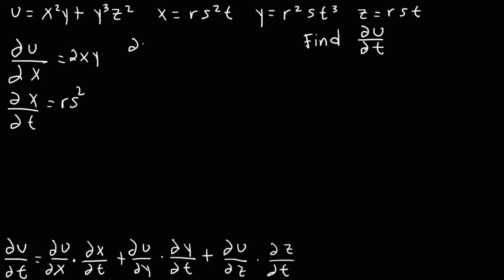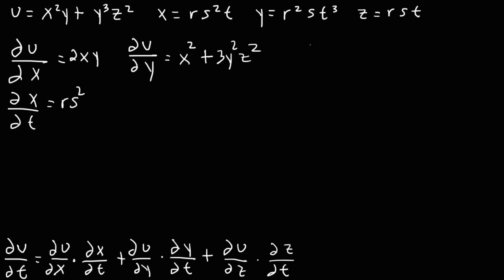Now let's find the partial derivative of u with respect to y. So using this equation again, it's going to be the constant x squared times the derivative of y, which is 1, plus the derivative of y cubed, which is 3y squared, and then times z squared.